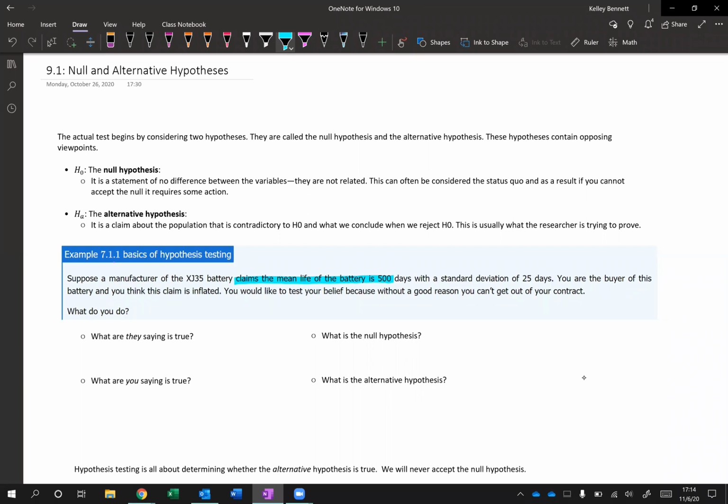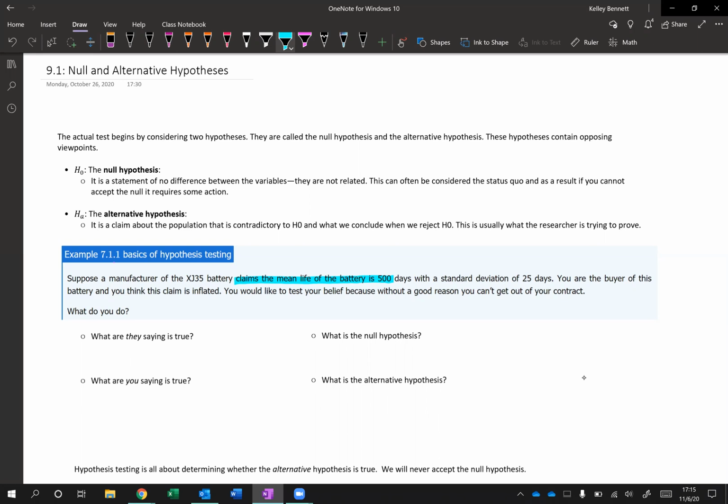They're also making a claim on the standard deviation, but as we recall from chapter 8, we really only care about estimating means and proportions, right? Like we went from mu where it's mean, and then we had P where it was proportions, and that was 8.1, 8.2, and 8.3.